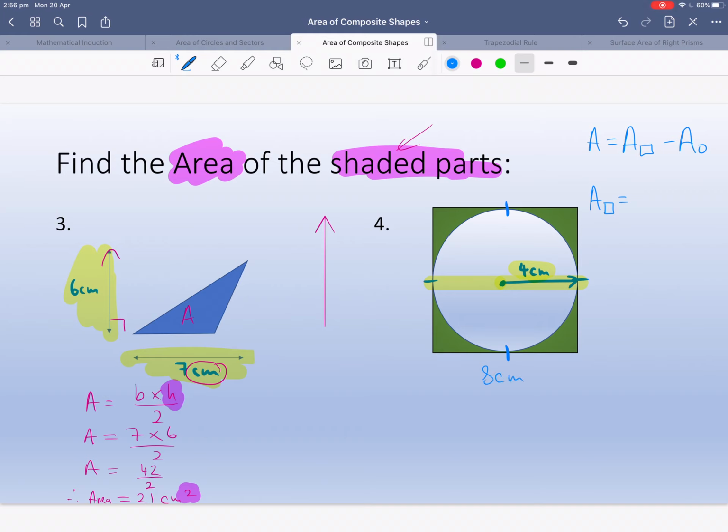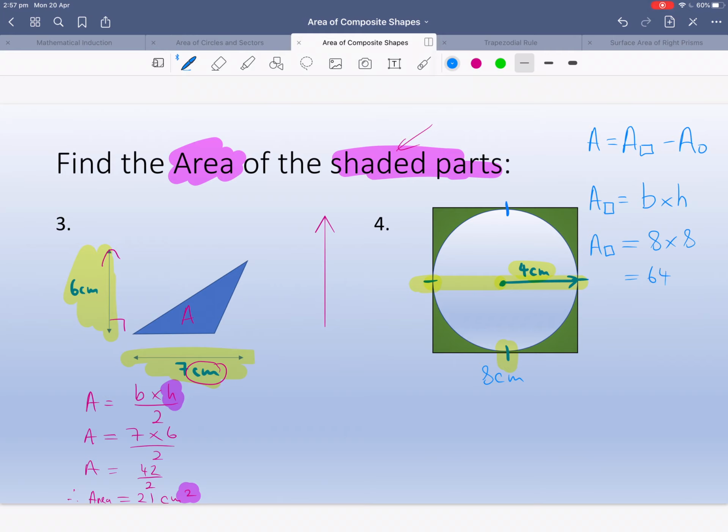Now, what will the height be? Because remember, the area of a square is the same as the area of a rectangle. It's base times height. The base is 8. What will the height be? Well, because of these little things, it's going to be exactly the same. So 8 times 8 equals 64.